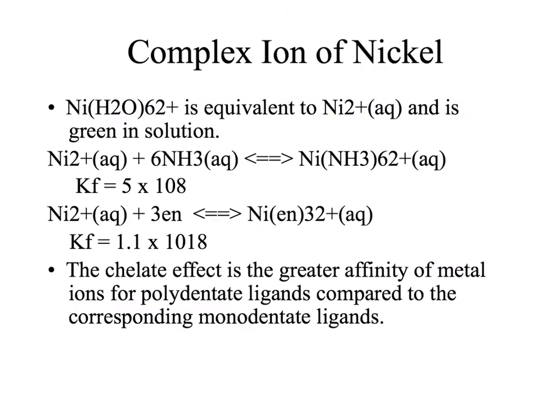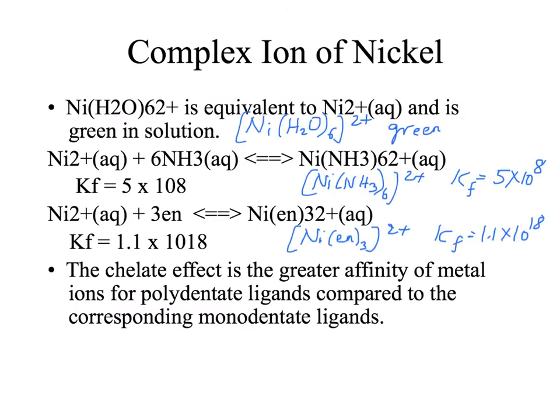All right, let's take another scenario. This scenario is for nickel. So nickel, like I said previously for silver, even for nickel, if you take an aqueous solution of nickel, Ni2+ (aq), the actual species that's present there is Ni(H2O)6 with two positive charges.